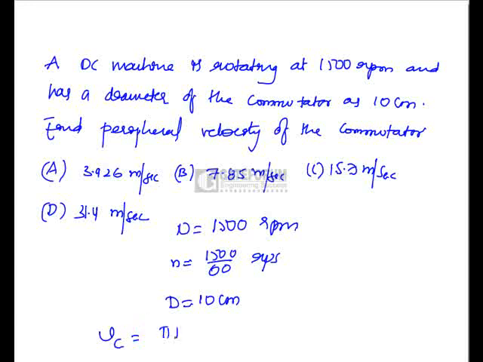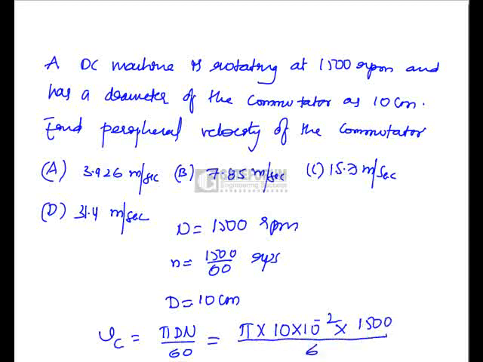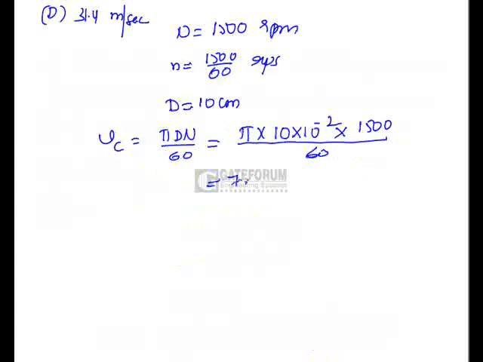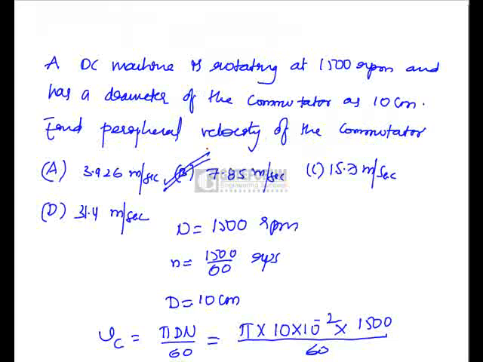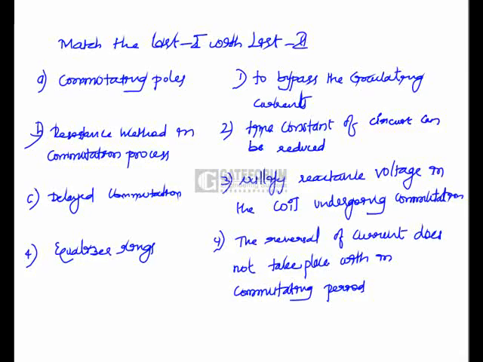It is given as pi d n by 60, where n is in rpm. So pi into diameter 10 into 10 power minus 2 into speed 1500 rpm divided by 60. We will get 7.85 meters per second. So option B is the correct answer.